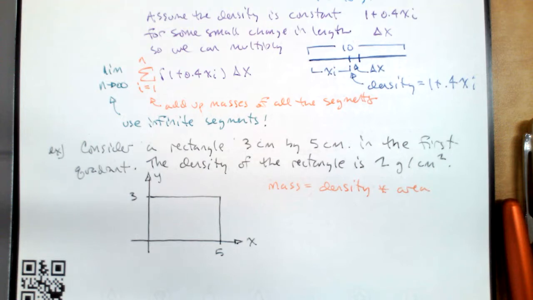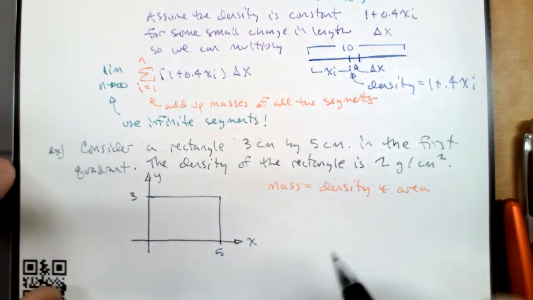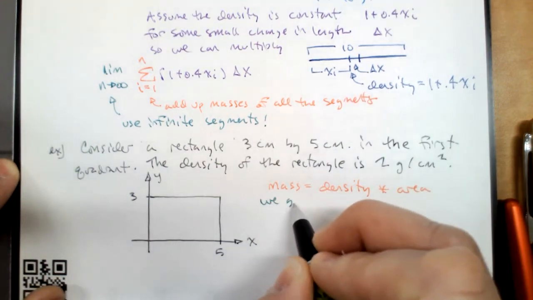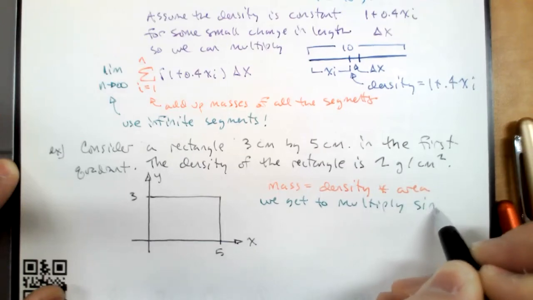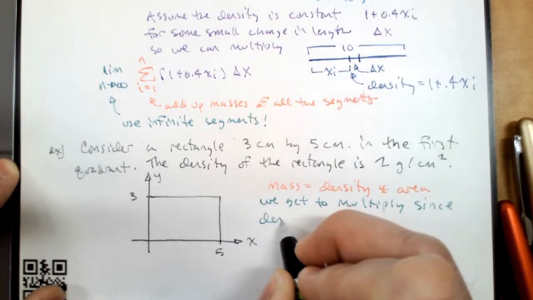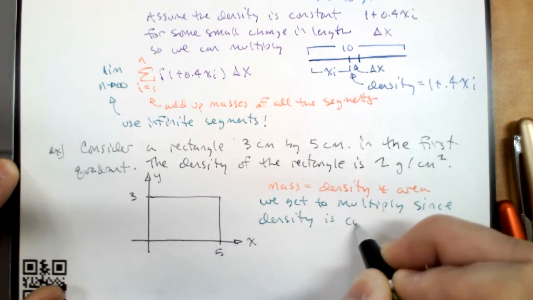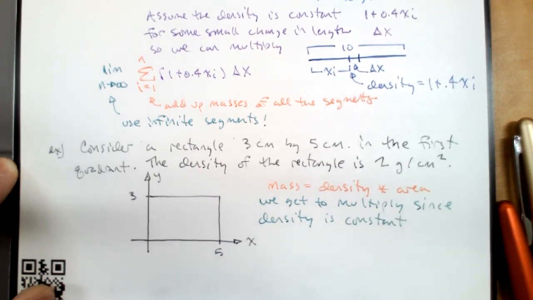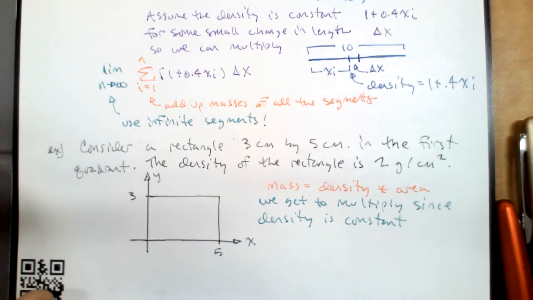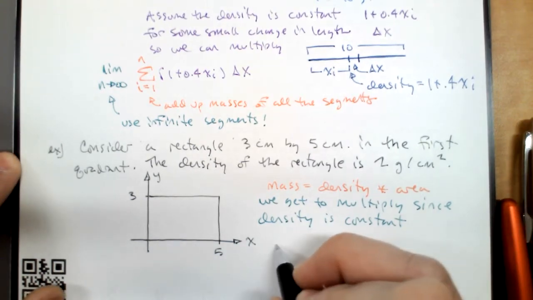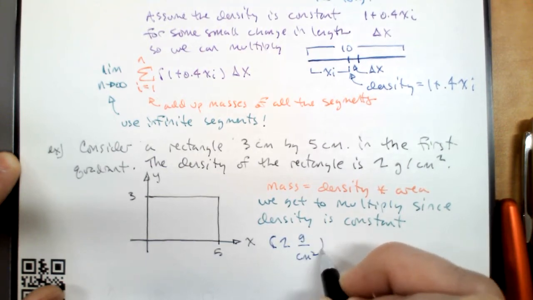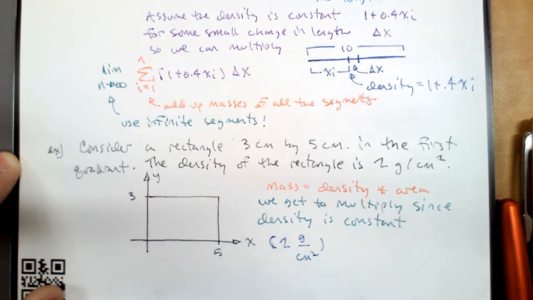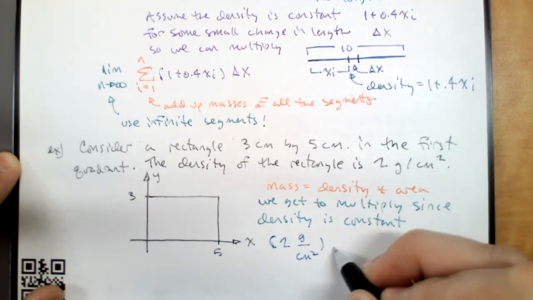In this case, we get to multiply since density is constant throughout the area. So the mass is just going to be 2 grams per centimeter squared times the area, which is going to be length times width.